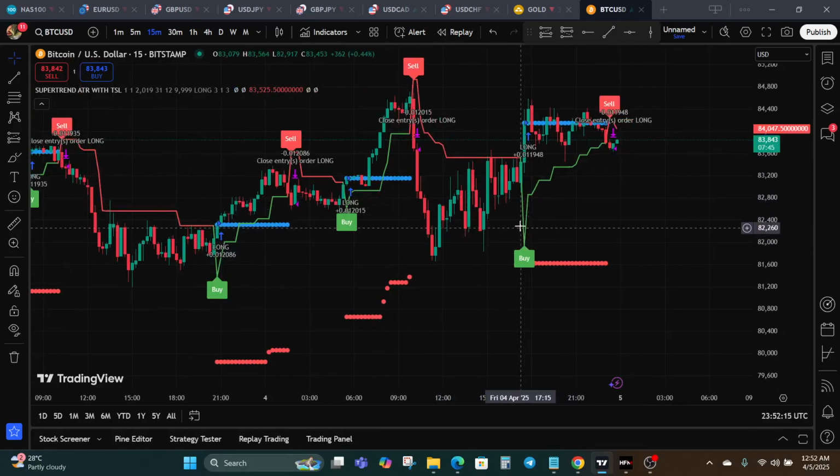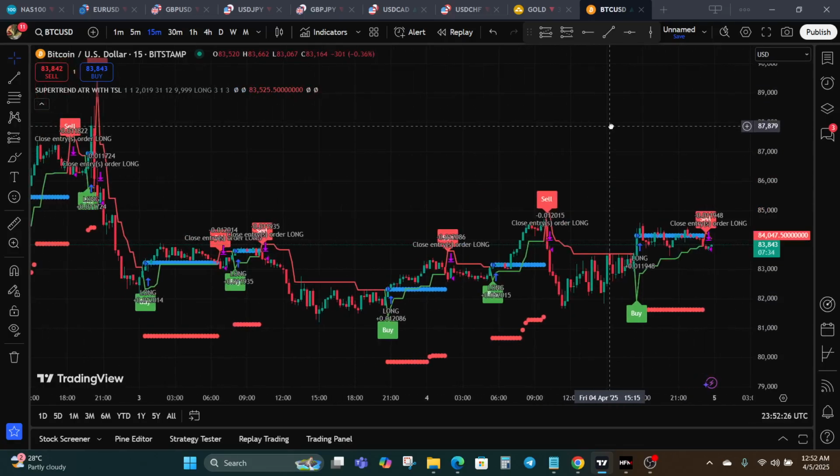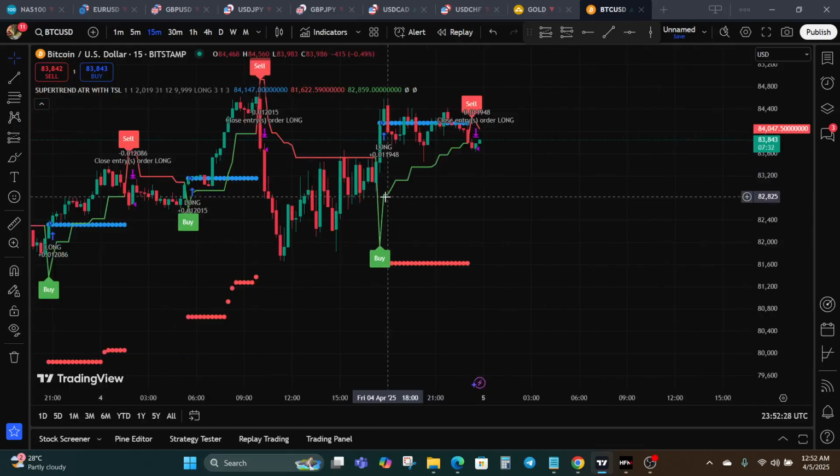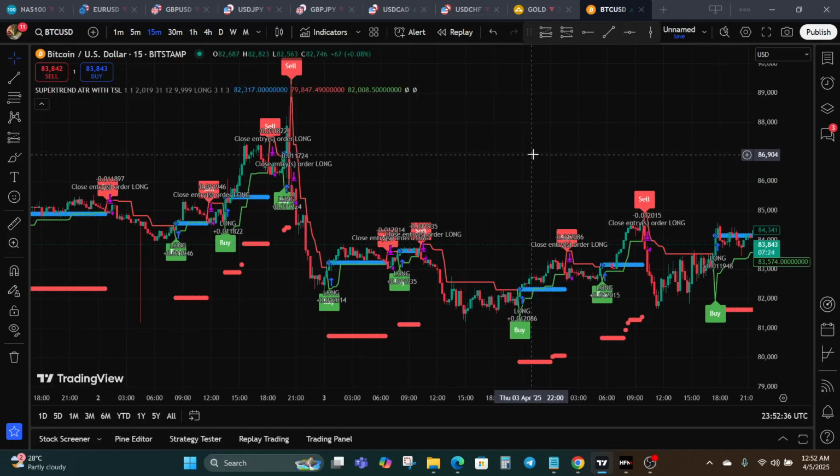When you have a buy signal, basically when price is above the green line, just ensure that you are trading in the direction of the trend. You can wait for price to pull back to the green line and you get a bullish confirmation candlestick pattern. You can jump into your buy trade, set stop loss below the previous swing low, and take profit can be at resistance zones.